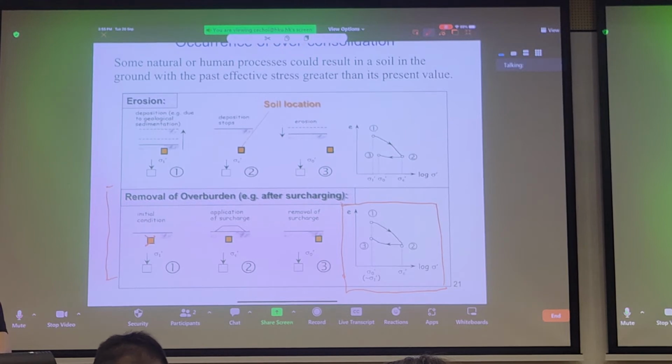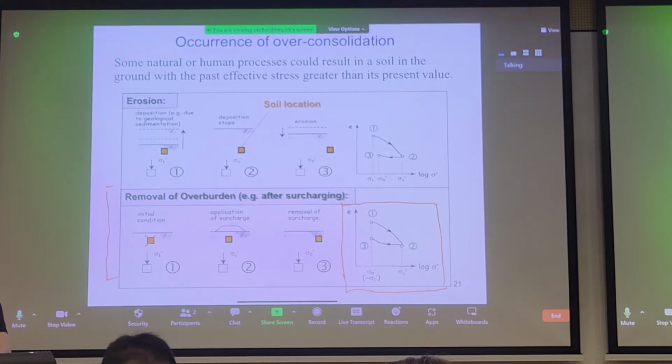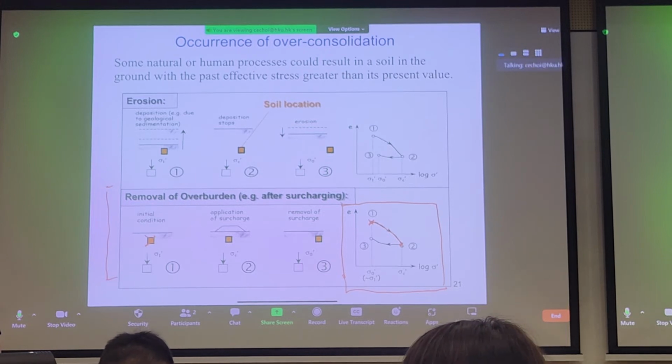Well, you'll see that when you put a surcharge on top, initially we're at this stress state here. We apply a heavy surcharge and we'll increase the effective stress and we'll also compress the soil. When we compress the soil, the void ratio will, of course, decrease. And that's where we move along this line to stress point 2. And let's say stress point 2 is the highest stress that we'll ever encounter because we're not going to apply any more surcharge, because we're going to remove the surcharge afterwards.